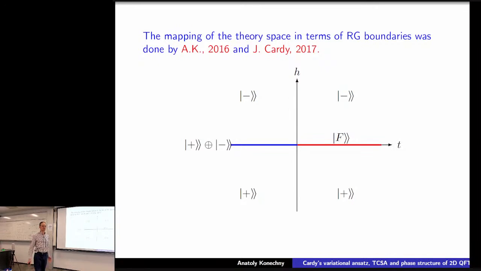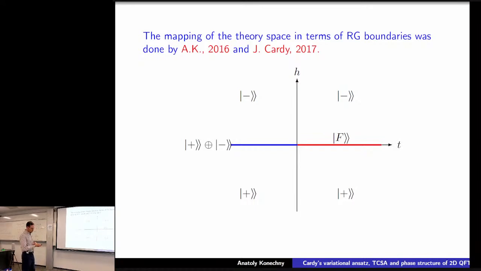One choice of sign is the fixed, another one is free, and you can distinguish them by, say, bulk one-point functions. You can see that for the free one the magnetic field has zero one-point function, and it has positive or negative one-point function for plus and minus. So you can get your intuition.